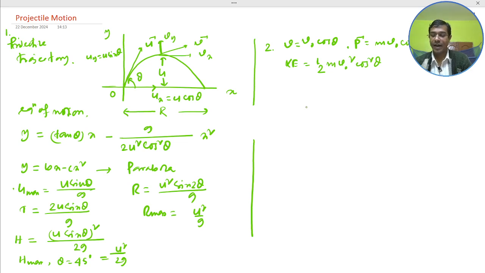Displacement in x after time t is x equal to v naught cos theta t. Displacement in y is equal to v naught sin theta t minus half gt square.